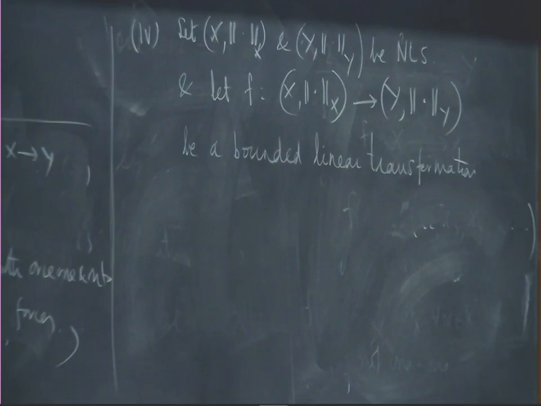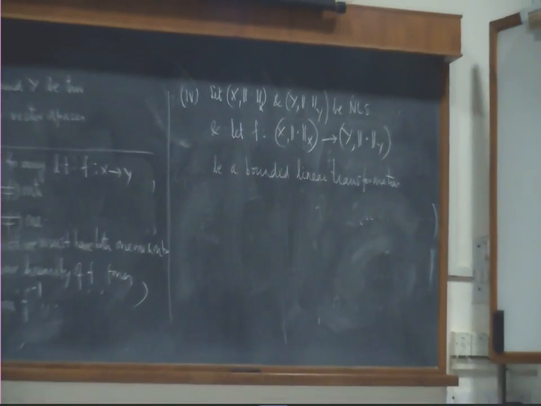And when I have such a bounded linear transformation, I want an inverse. And when I want an inverse, I want the inverse to be linear. I want the inverse also to be continuous.